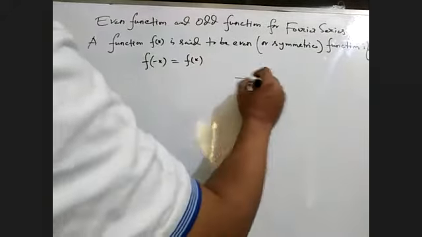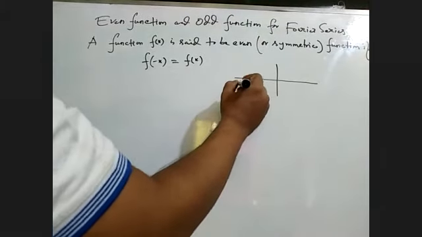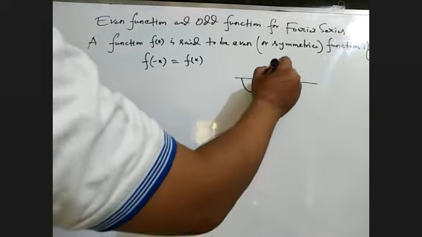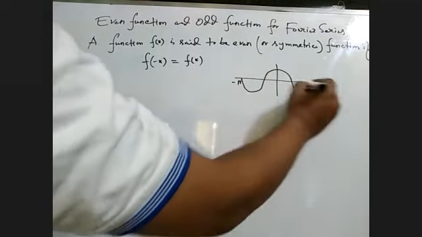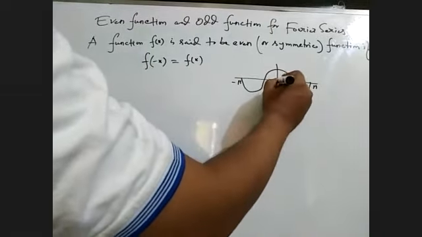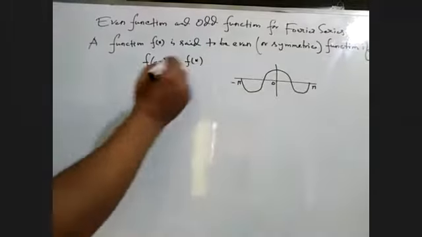Graphically, you can plot it like this, from minus pi to plus pi, and this does not pass through the origin. This is the even function.